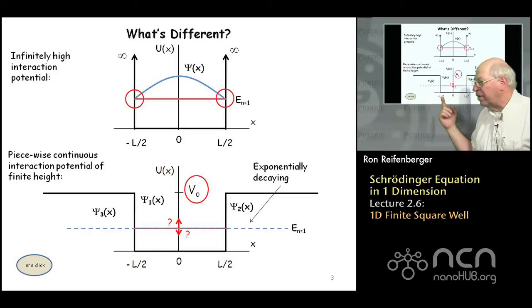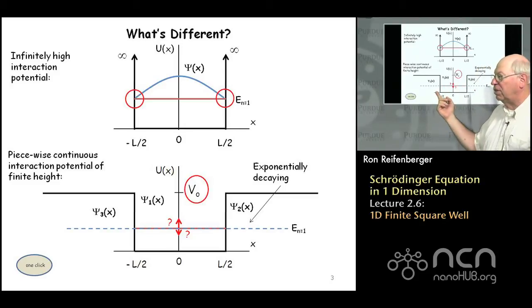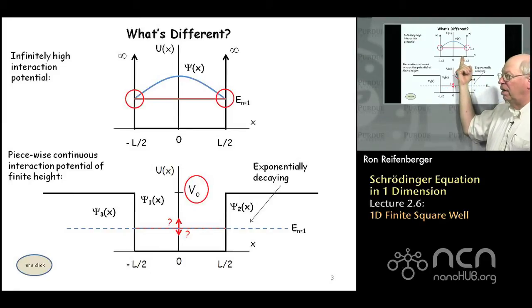Now we've got a piecewise continuous potential. In principle, the wave functions do not have to be 0 at these boundaries of the barrier. And as a consequence of that, the allowed energy levels are going to shift. They're not going to be at exactly the same locations as they were for the infinite square well.